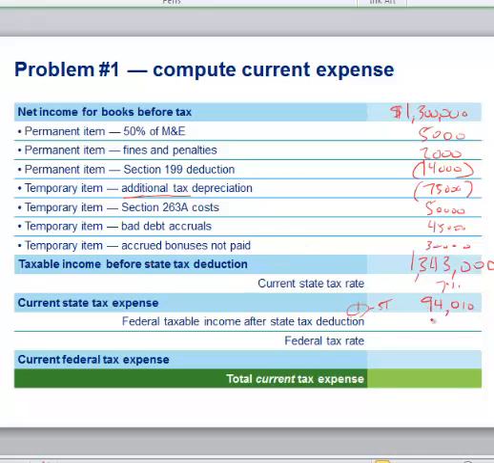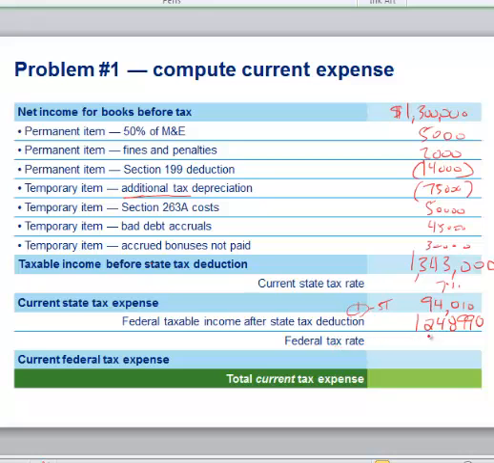Use numbers. It's 1,343,000 minus 94,010. That comes to 1,248,990. We get a deduction this year for the state taxes we're going to pay this year, because the assumption, at least in this example, is we're on a current deduction method.